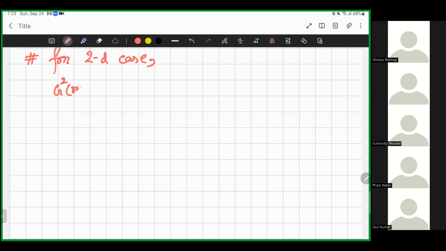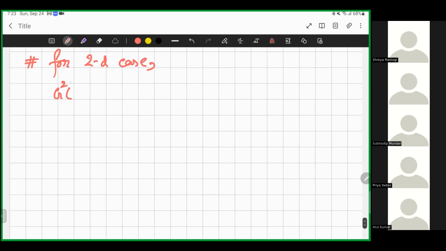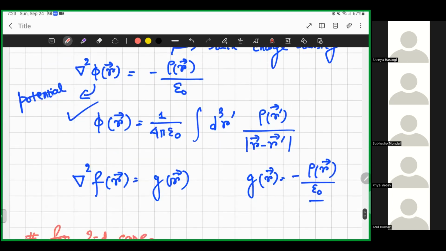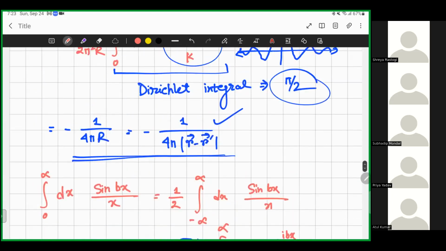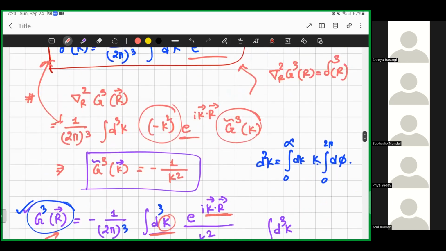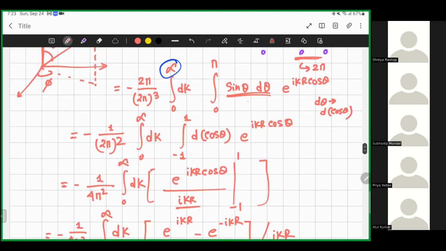So the 2D case, G2 of small r is 1 by 2 pi log of r. We can give some justification: here there will be just 1 over k, right?